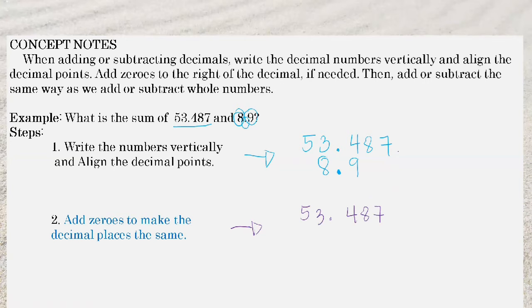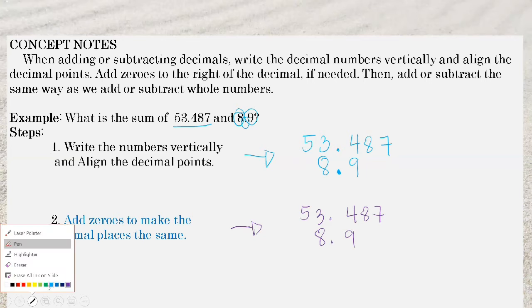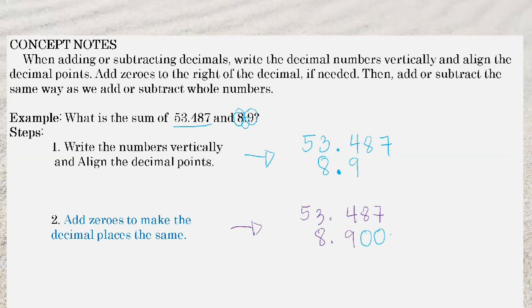Since the first given has 3 decimal places, and the second given has only 1 decimal, then yung ating second given dapat maging tatlo din yung decimal natin. So we will add 0. It becomes 8.9 and we add the two 0s. Now, they have the same number of decimal places. Meron na tayong 3 digits sa decimal sa first given and 3 digits na decimal sa ating second given.